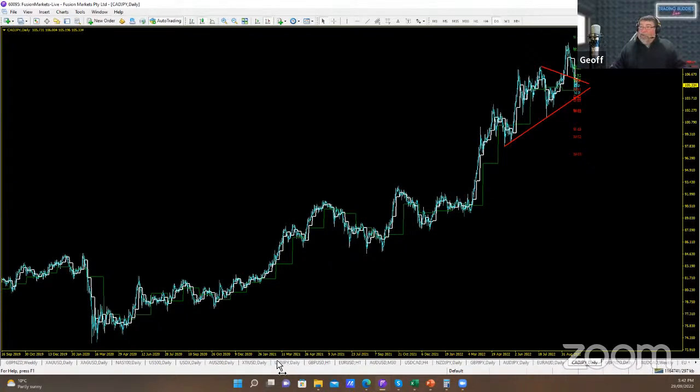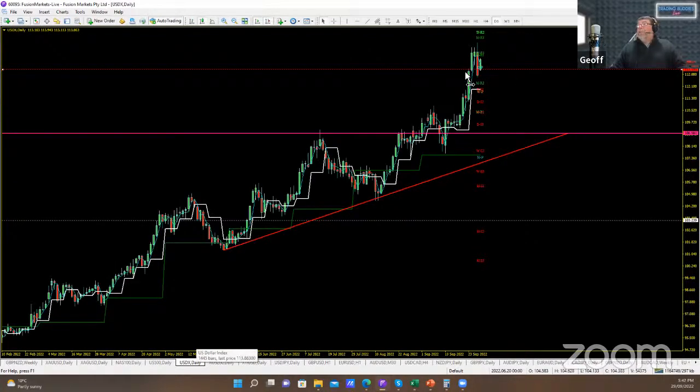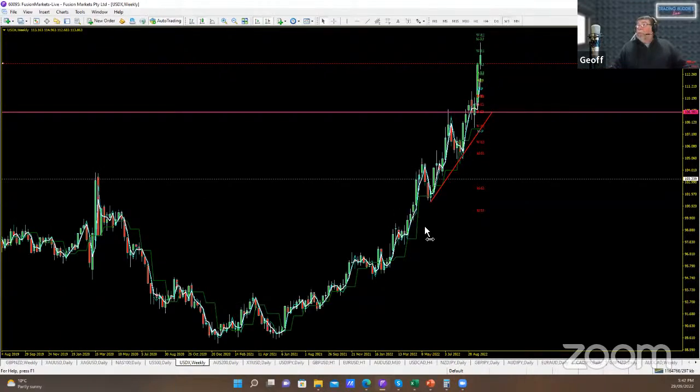Now, I go straight back to the dollar index, which we were going to talk about, right? Straight back to the dollar index. And the dollar index is just the most amazing chart of all time. Look at that. That's the weekly chart. From April of 2021 to current, this one's gone from 89 to 115.